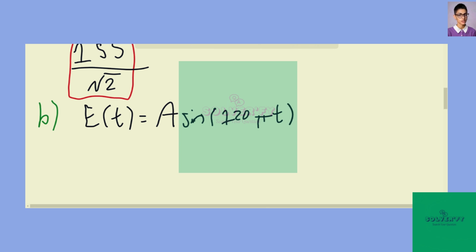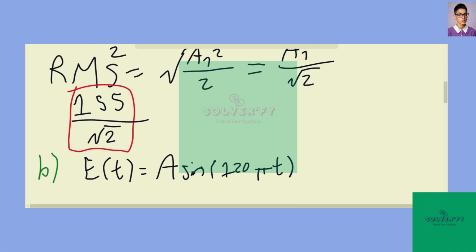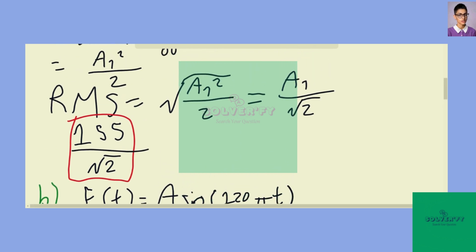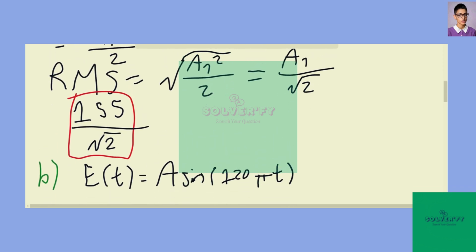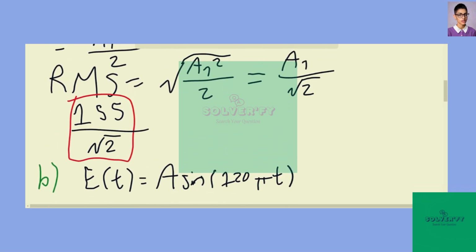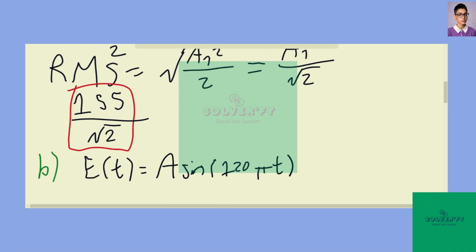So what we're going to do then is look at what we did in part A. The reason in the first place that I found that the RMS is equal to a1 over square root of 2 is that now here we don't have a1. It's just a, and the question asks us for a.